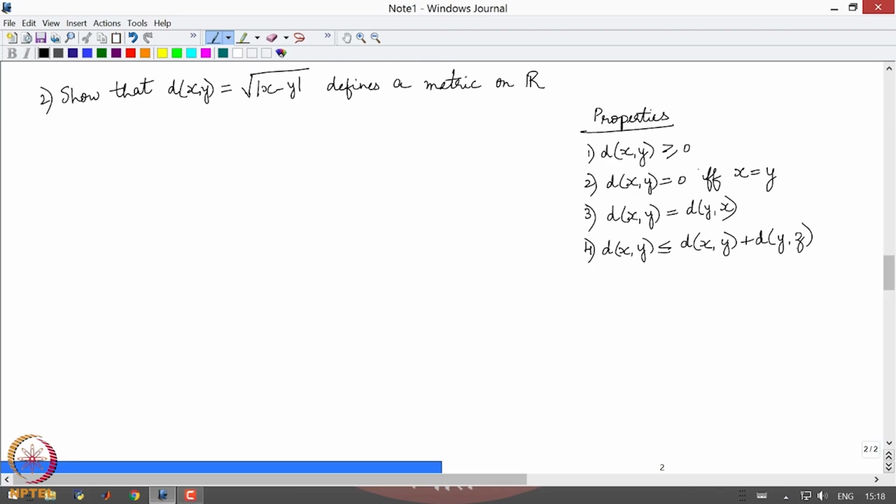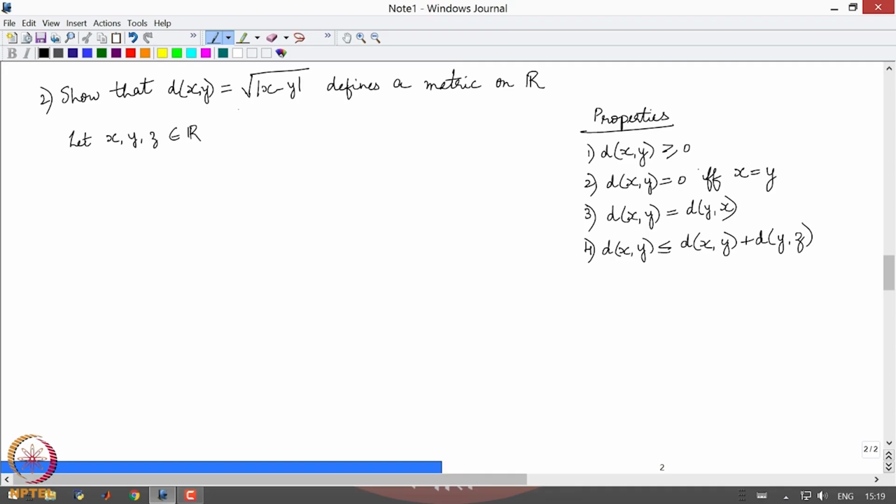Now, we will see if this particularly defined distance satisfies all these properties and whether it can be called a metric or not. So, let us say x, y and z exist in R. The first 3 properties can be actually very trivially verified.